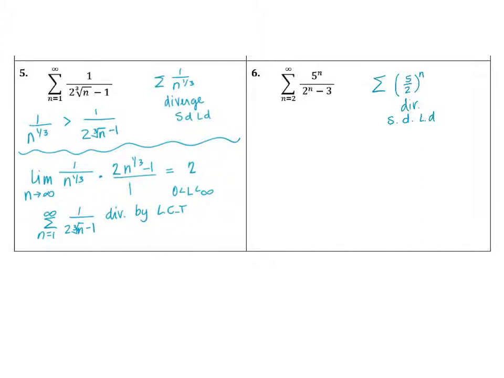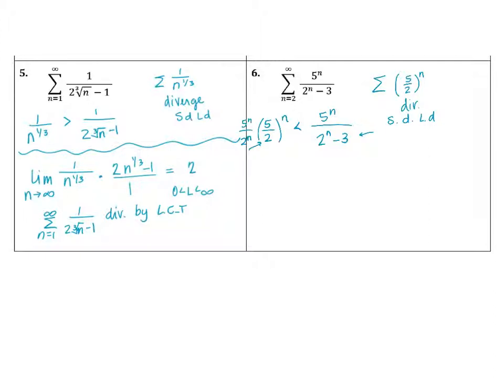And so while we're looking at that, we need to establish that 5 over 2, all to the nth, is certainly smaller than 5 to the nth over 2 to the nth minus 3. And it is, because here we can think of this as 5 to the n over 2 to the n. So this denominator here is getting smaller as this denominator is getting larger. So here we have all of that set up.